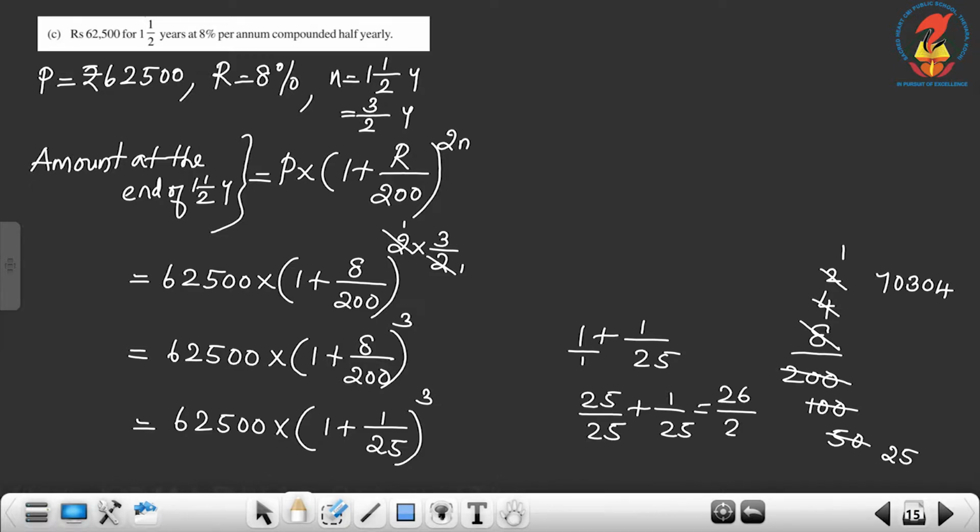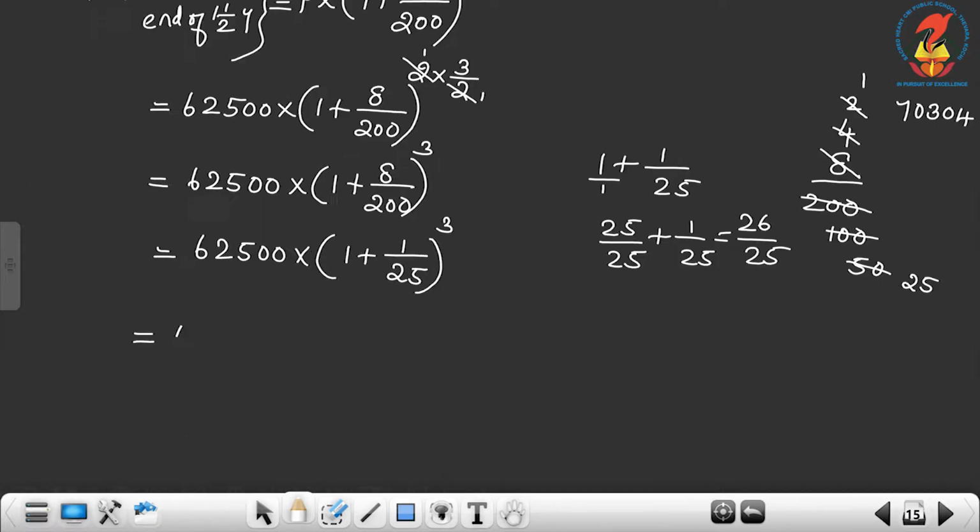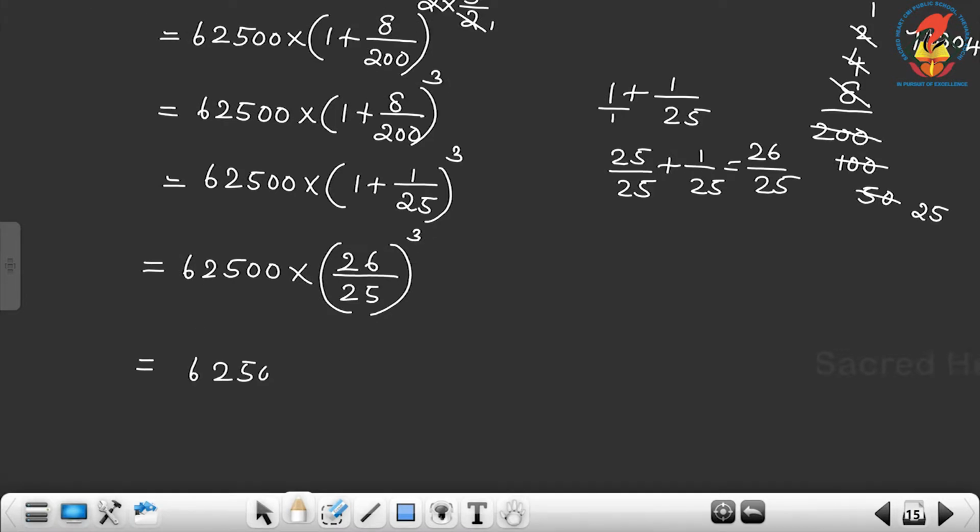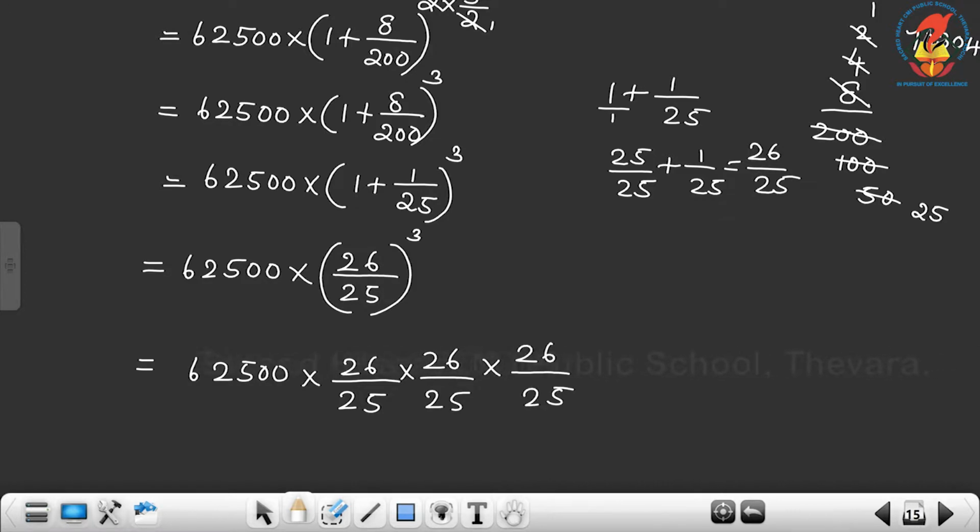So 62,500 into 26 by 25 whole raised to 3, which is equal to 62,500 into 26 by 25 into 26 by 25 into 26 by 25.